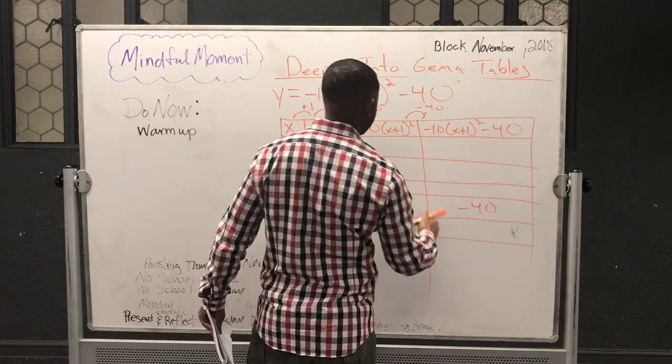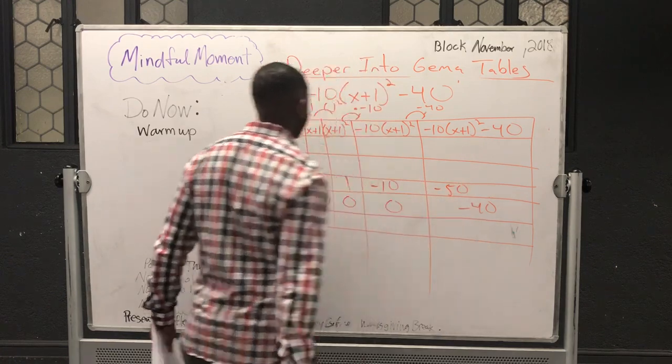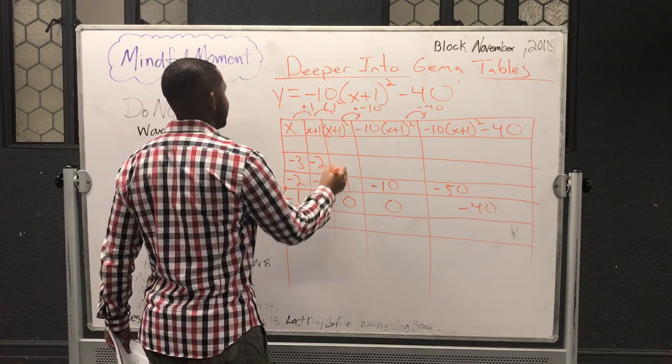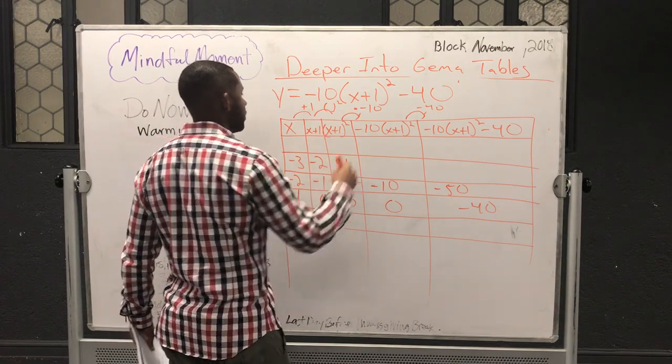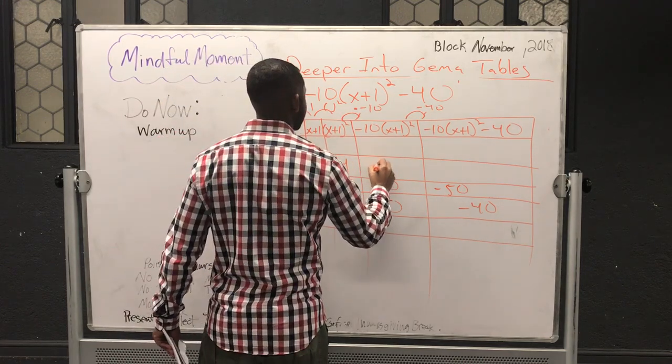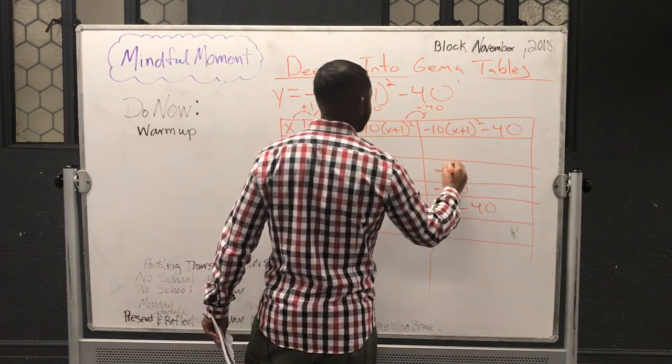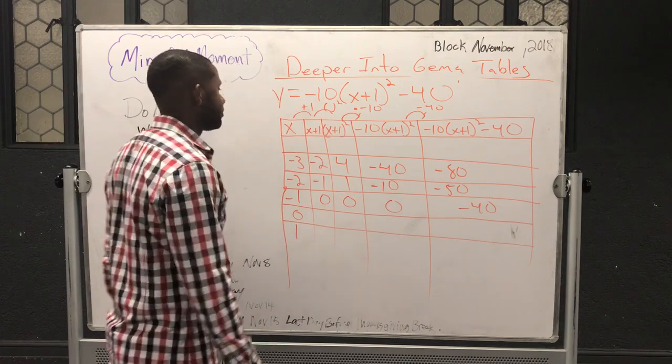Negative 10 minus 40 is negative 50. Negative 3 plus 1 is negative 2. Negative 2 squared is 4. 4 times negative 10 is negative 40. And negative 40 minus 40 is negative 80.